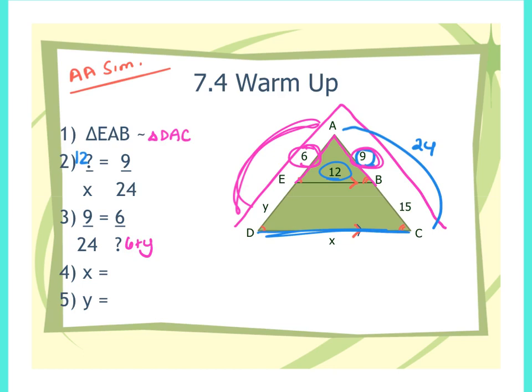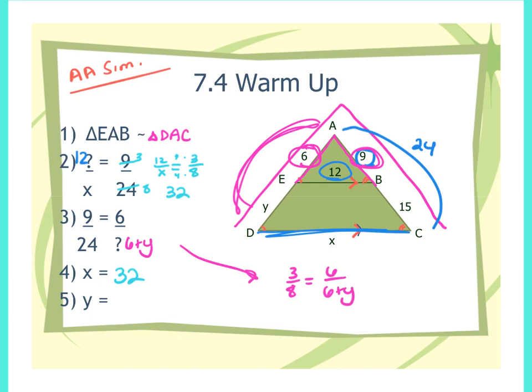And then it wants you to solve those portions. So if I wanted to solve 12 over x equals this, 3 goes into both these. This would be 3 and 8, 3/8. I could cross multiply, or I could say this times 4 equals that. So this times 4 would equal 32. And then here, 9 over 24, which again is 3 to 8, would equal 6 over 6 plus y.